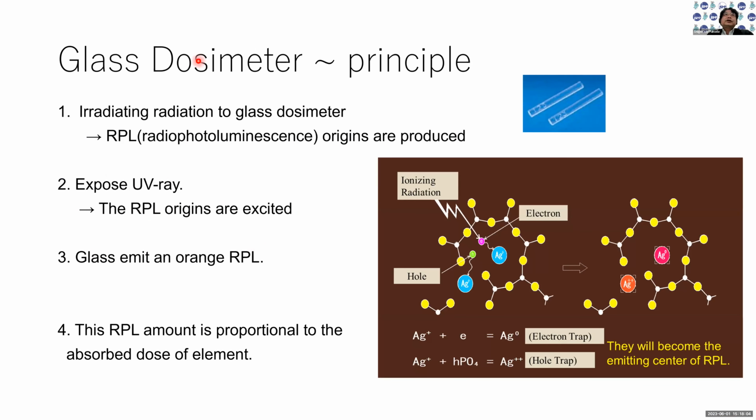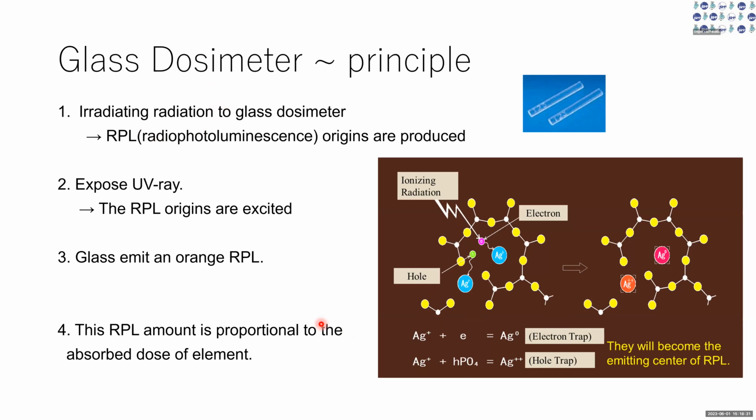So the glass dosimeter principle is this. Radiation produces RPL centers, which emit orange luminescence by UV ray excitation. After emitting luminescence, they return to the stable RPL center.